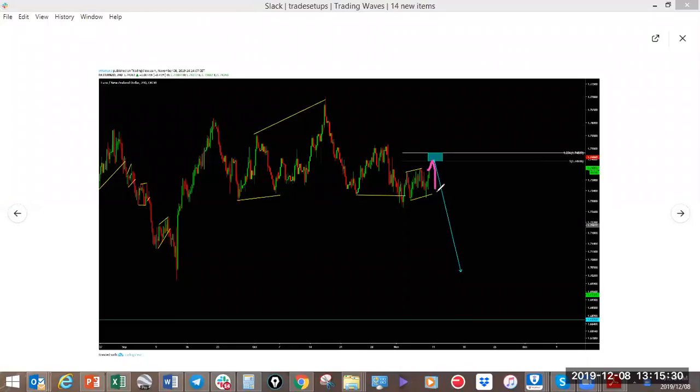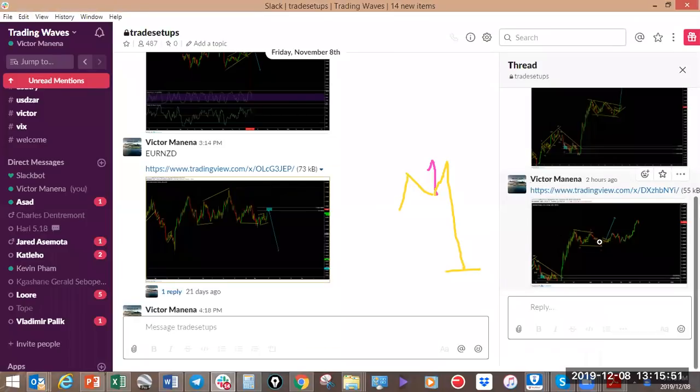Came up here, made 1 more down. So when it did that, we could clearly see what the structure was going to be. It was 1, it was 1, it was 2. Now the 2 was here, because that was all the 3 waves. 1, 2. Then we expected 1 more up before coming down, and that is exactly what it has done. 400 pips later, that's how that has played out.